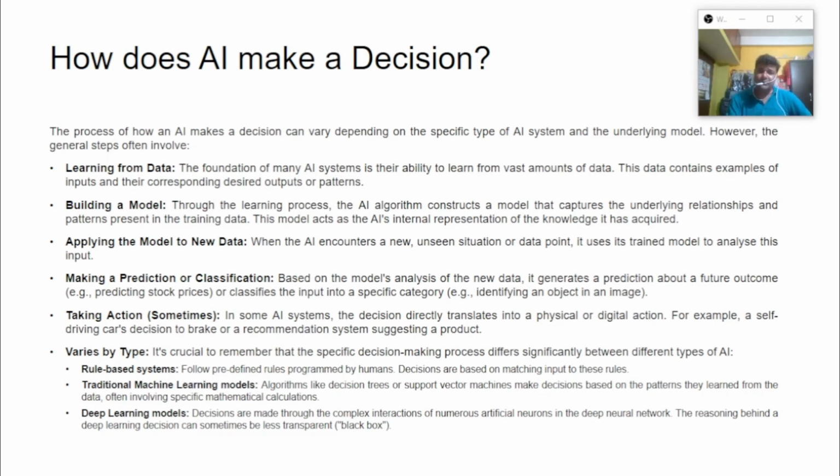The sixth point is that it varies by type: one is a rule-based system, second is a traditional machine learning model, and third is a deep learning model. So in this way AI can make a decision.